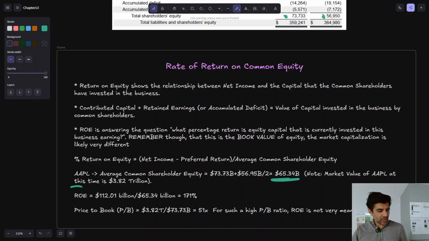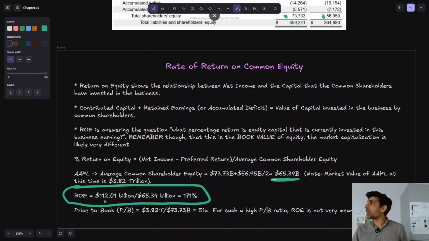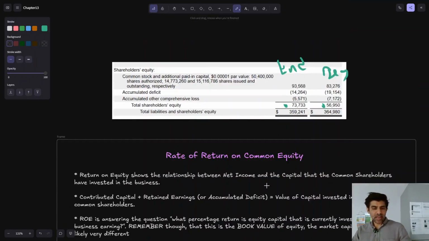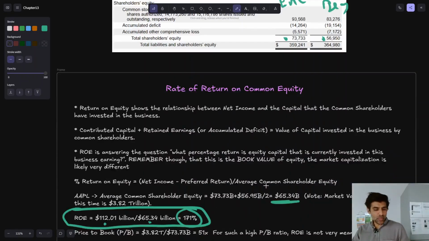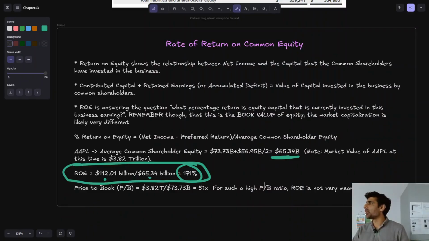The return on equity is equal to the net income, which was 112, that came from the income statement, divided by this average equity, and it's 171%. So if you could buy Apple stock at its book value, which is 73 billion, then you would be making a 171% return every year. So why do you think the business doesn't trade at book value?